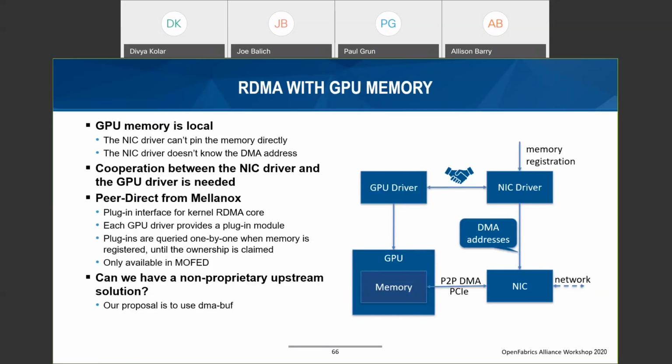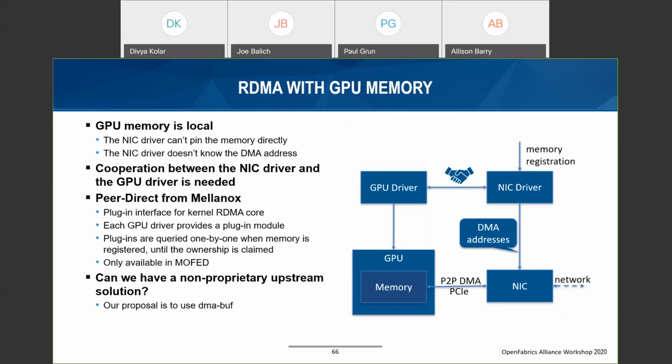So you cannot directly call get_user_pages or dma_map_sg to do the translation. Instead, the NIC driver and the GPU driver have to work closely to do some information exchange.